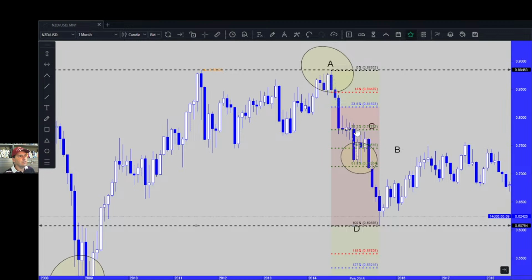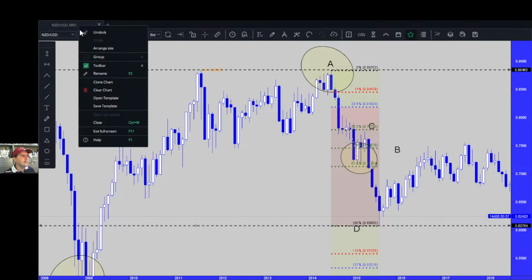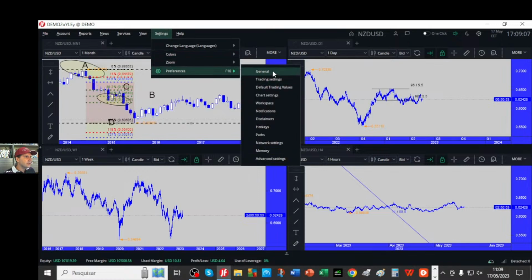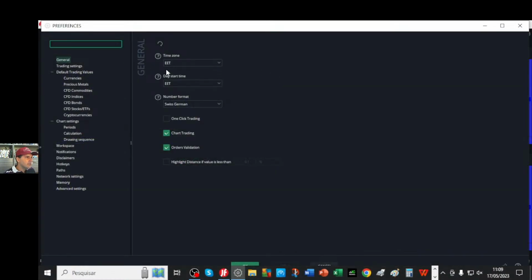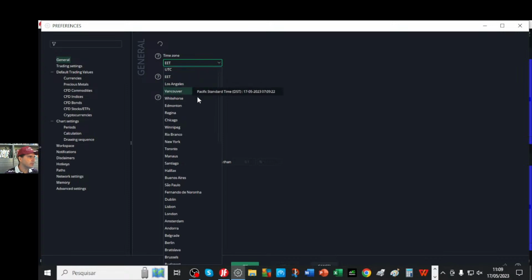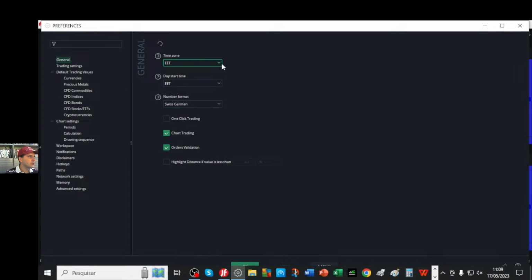I'm using JForex4, and my chart settings are EET, Eastern European Time. Okay, everybody. Now if you change to UTC or whatever, then it's going to be different. Let's change this one to New York. Let me see if something is going to be New York.